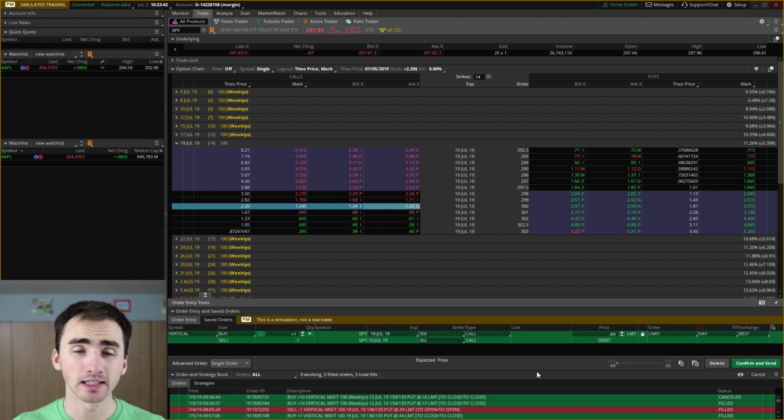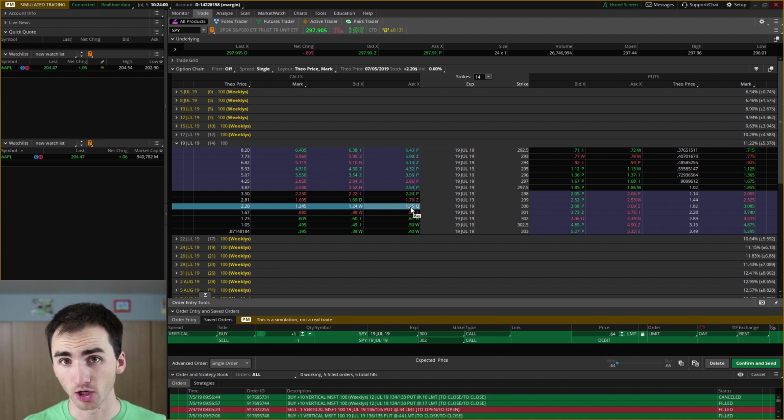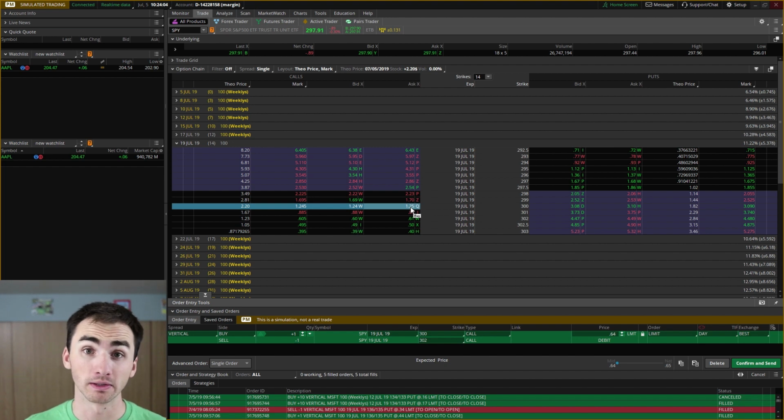The one good thing about trading the S&P 500 is it's very liquid, meaning there's a lot of people trading it, and so the price between the buyers and sellers is really tight. You can see here that the bid and the ask are 1 penny apart, so you're never going to have a problem getting filled at a good price, and you're pretty much always going to get filled very quickly just because the prices are so close.